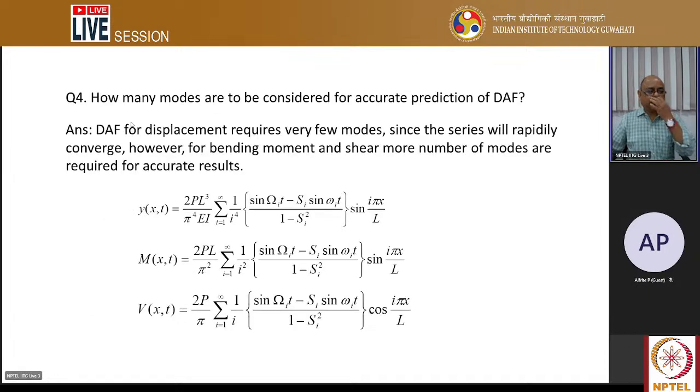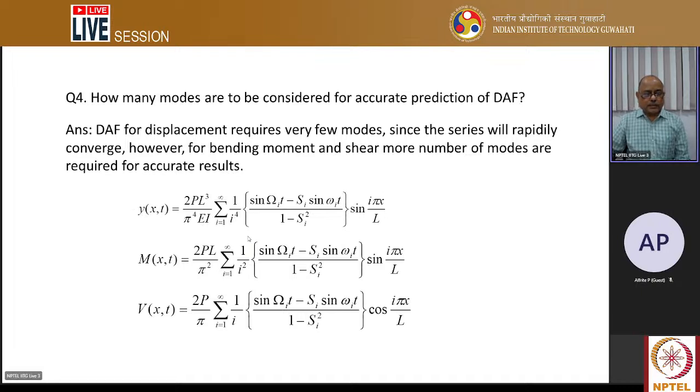Then the last question is, how many modes are to be considered for accurate prediction of the dynamic amplification factor? If we see the expression that is derived, we can see that displacement contains a term 1 by i to the power 4, bending moment contains a term 1 by i squared, and shear force contains a term 1 by i, where i is the number of modes.